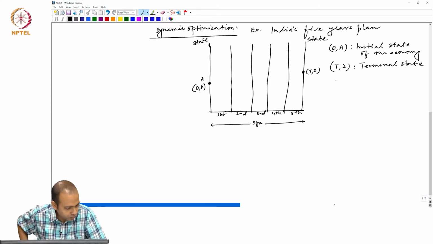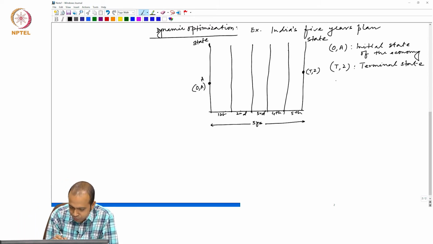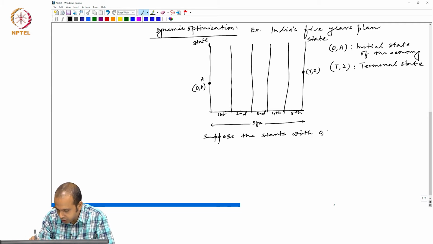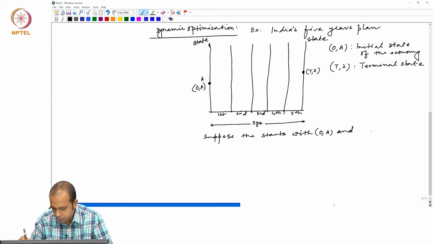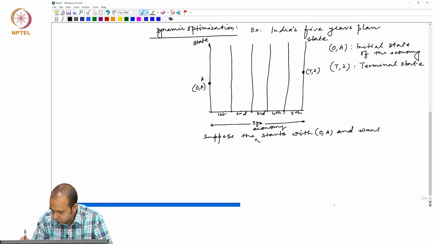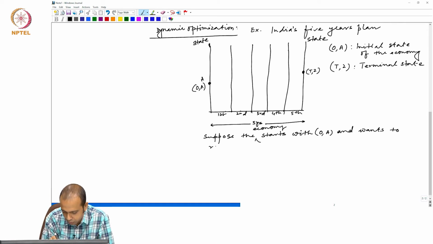Suppose the economy starts with 0A and wants to reach TZ.